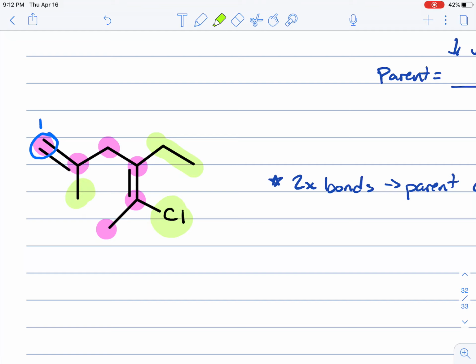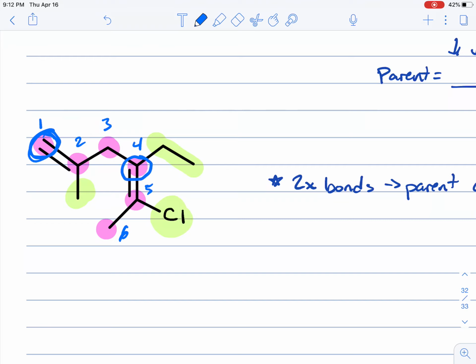And I apologize, I also have another substituent there. And so therefore, my numbering system is going to be 1, 2, 3, 4, 5, and 6. On the first carbon, that's where one of my double bonds will start.